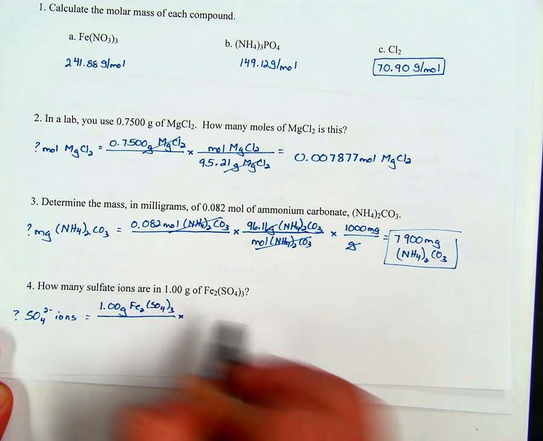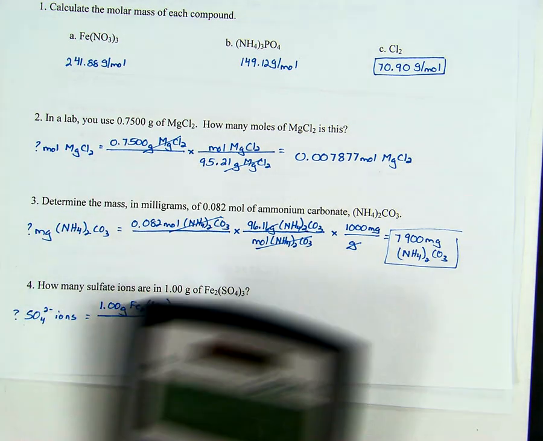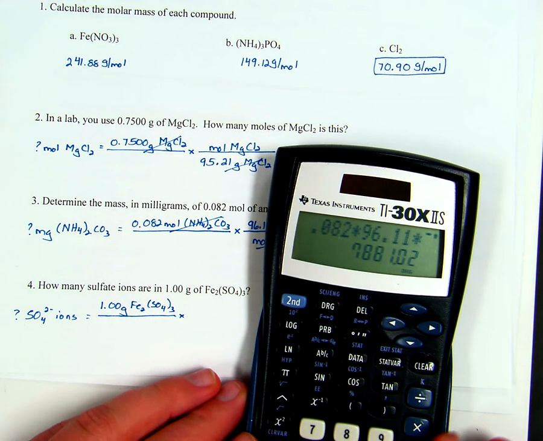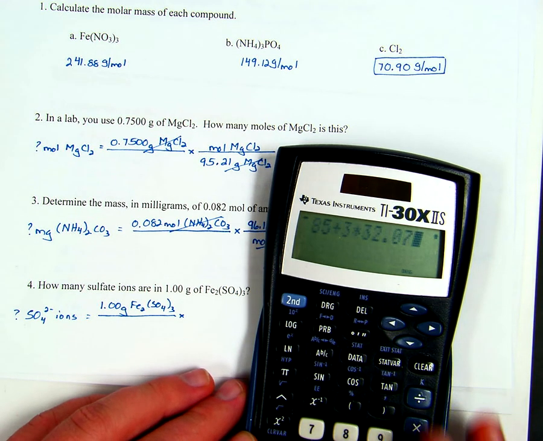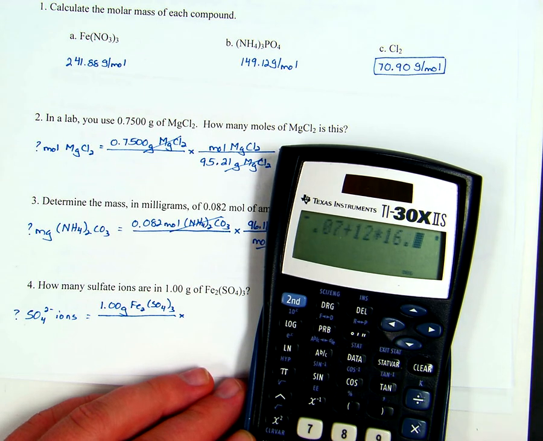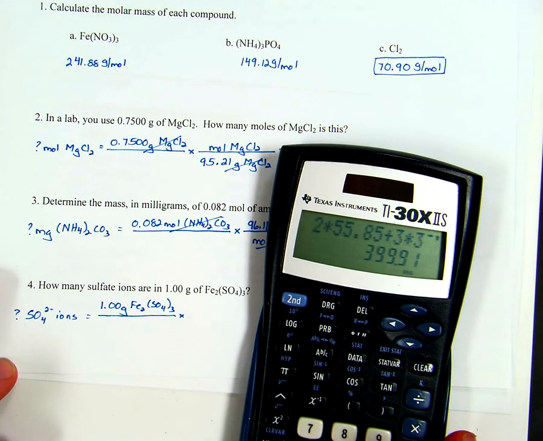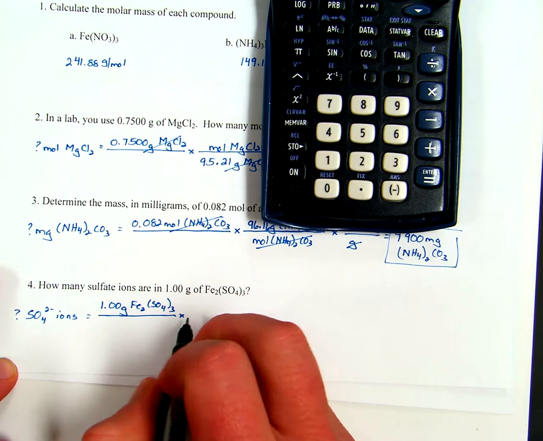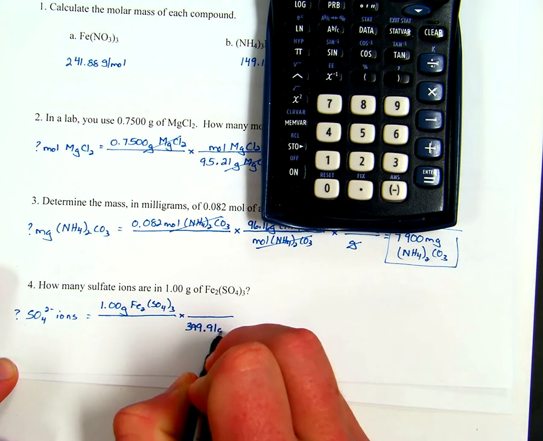So I have 2 times the molar mass of iron, so 2 times 55.85, plus 3 times 32.07 for sulfur, plus 12 times 16.00 for oxygen. That is 399.91. So that needs to go on the bottom because the grams need to cancel. That is per mole, as a molar mass always is.